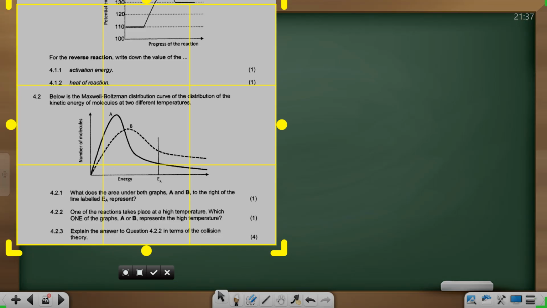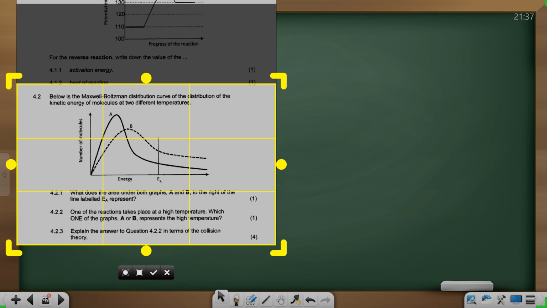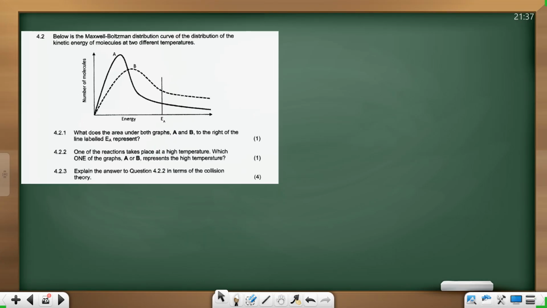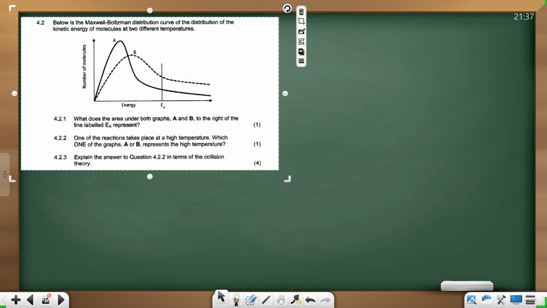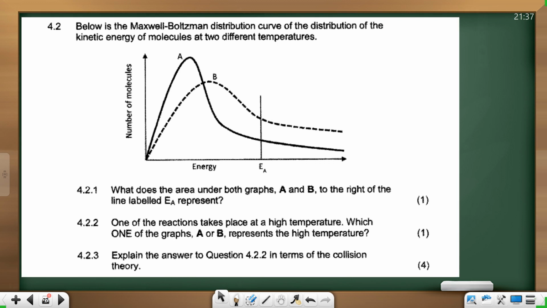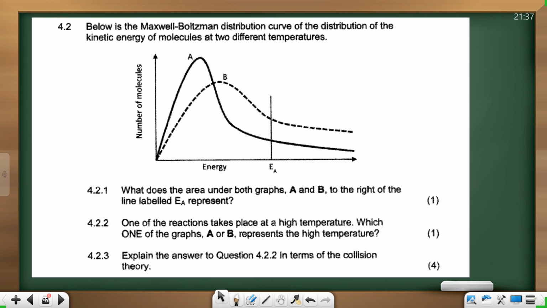Already we've answered 4.1 in the previous question, so let's cut it out as we save time. Because I know that quite a lot of people are not exposed to the Maxwell-Boltzmann distribution. All right, below is the Maxwell-Boltzmann distribution curve of the distribution of kinetic energy of molecules at two different temperatures.